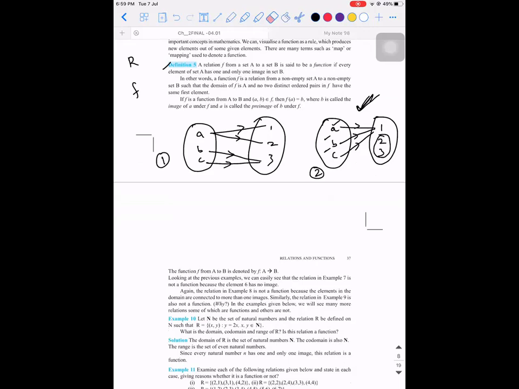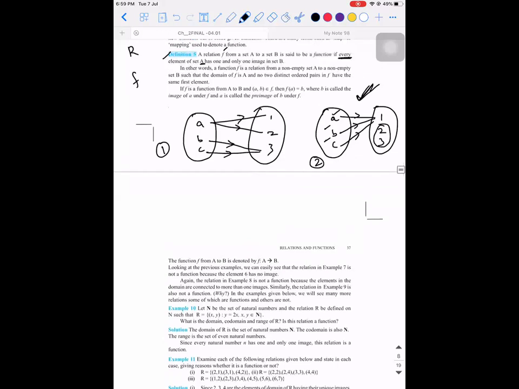See, a relation F from set A to set B is said to be a function under what condition? If every element of set A has one and only one image in set B. So that is one way. Did you understand what is one image? No, sir. So image means this is what is an image.